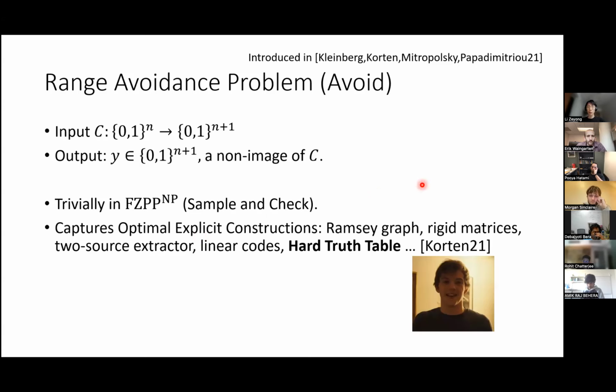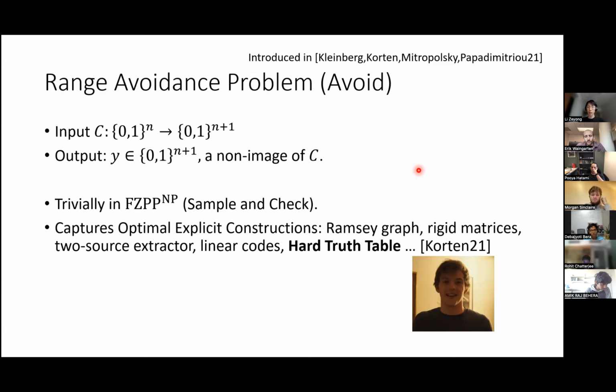And it was shown by Korten that the range avoidance problem defined above actually captures optimal explicit constructions for many important combinatorial objects. These objects typically have a randomized construction, proved via the union bound.